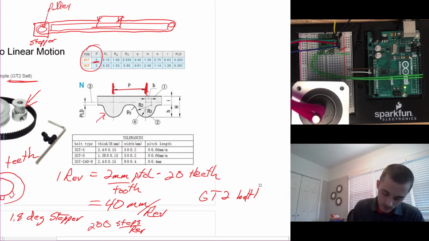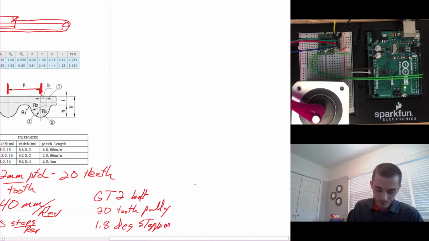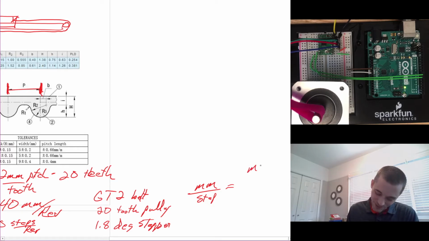And so that tells us that for this particular setup, where we've got a GT2 belt, a 20 tooth pulley, and a 1.8 degree stepper, we will have millimeters per step equals our millimeters per revolution over steps per revolution, which is equal to 40 over 200.